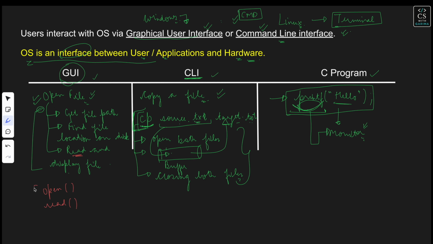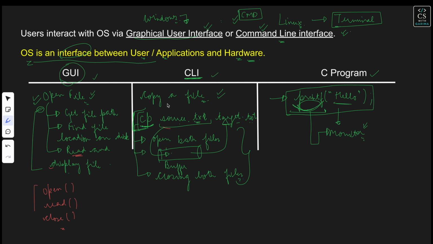These are, by the way, actual system calls available in the Linux operating system. There are similar system calls available in Windows as well, just under different names. And if the user wants to close the file, the system call for that is called close. We will discuss the types of these system calls in detail in the next video.